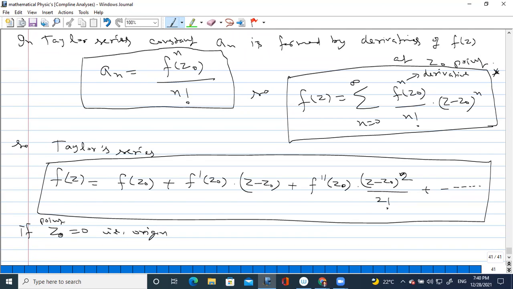If point z0 is 0, that is the origin, then this series will be named the Maclaurin series. This series is called that because it was given by Maclaurin. In the same Taylor series, he just put z0 as 0. So then a new series came out, and that series is named the Maclaurin series.